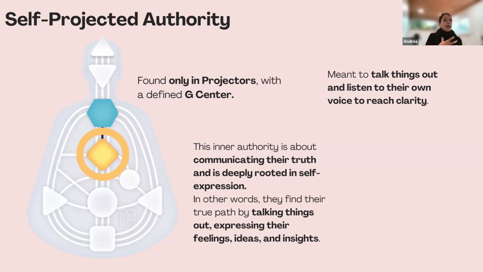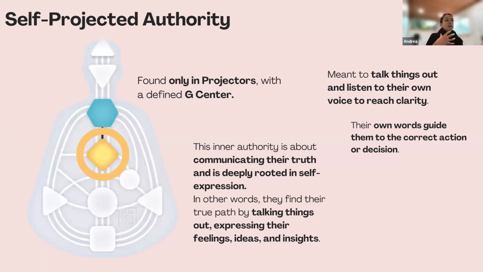Usually he would get the answer just by listening to himself, letting himself talk it out and have someone listen, and then hearing back what he's saying, he would get clarity on what's right for him. So my understanding of people with this self-projected authority is that it's important for them to talk out loud and hear themselves, get their thoughts out into words, and then reflect back on what they just said and get clarity from that.